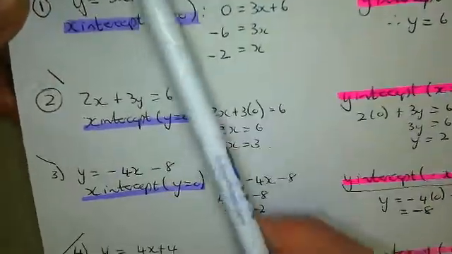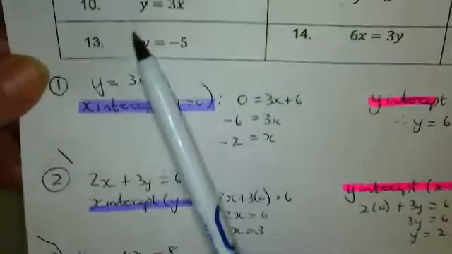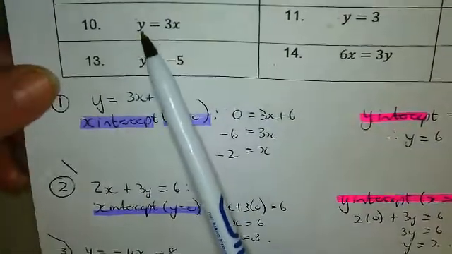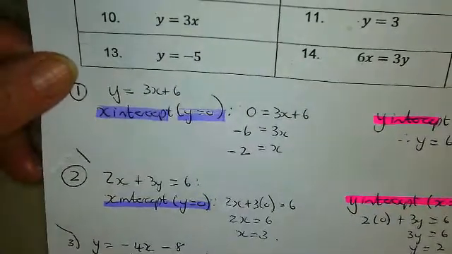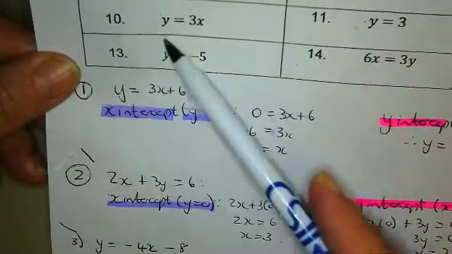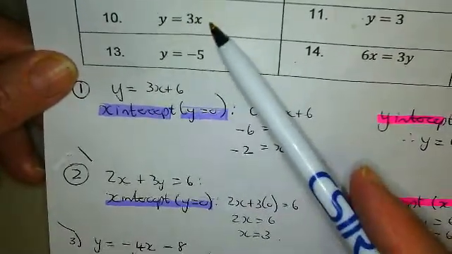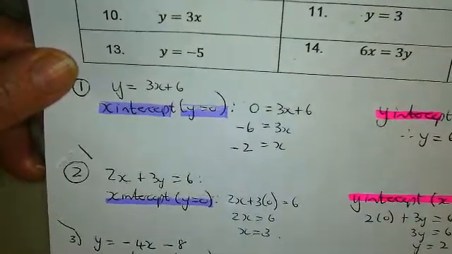Right, if I look at a special one, that is number 10. It's y equals 3x. What do you notice about y equals 3x? Although it's in standard form, the c value will be 0. It means it will be passing through the origin.